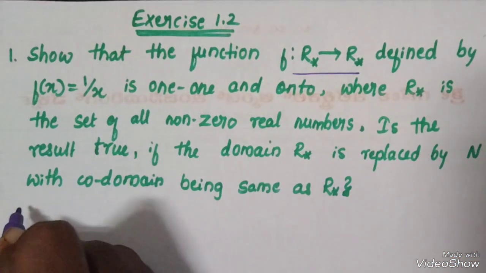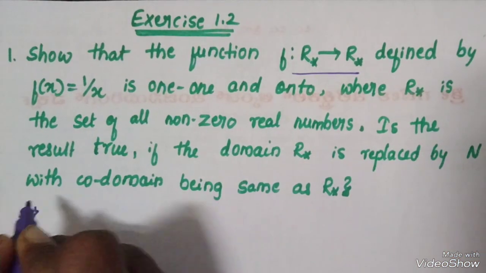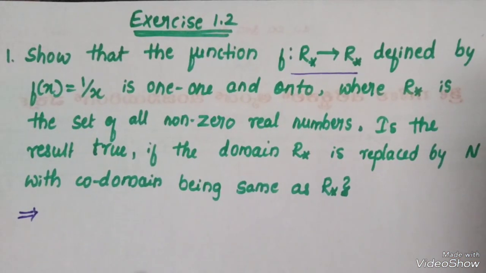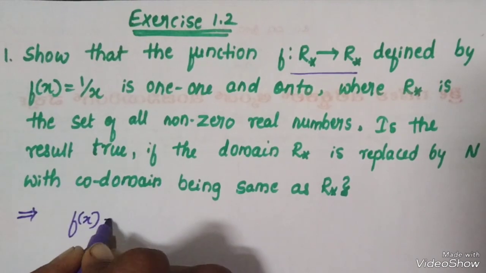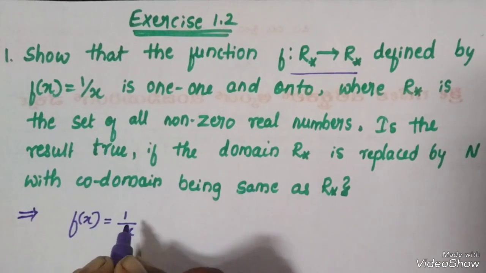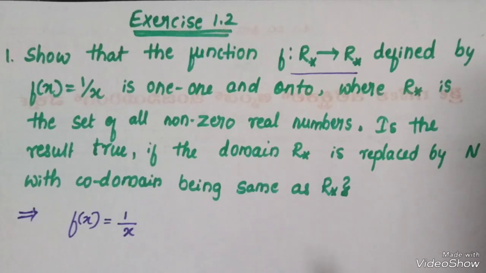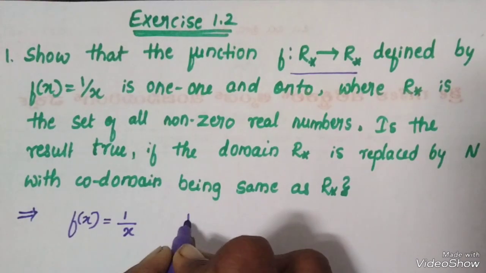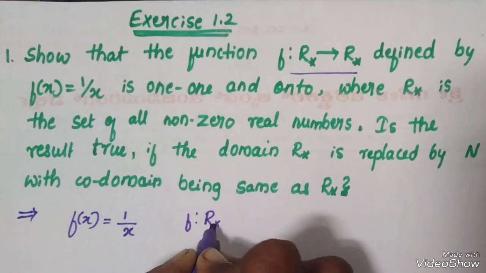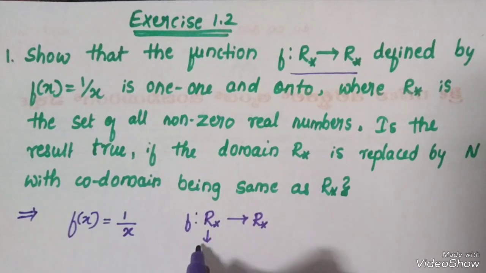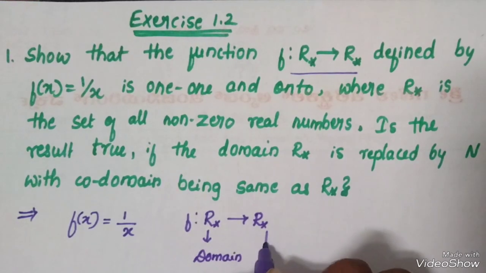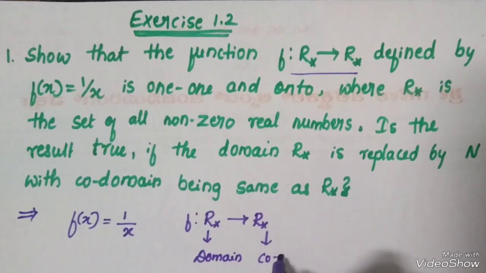First we have to consider the domain and codomain. Here f of x equals 1 by x is the function given, from R star to R star. R star is the domain and this R star indicates the codomain.